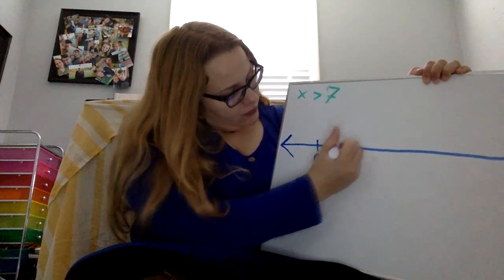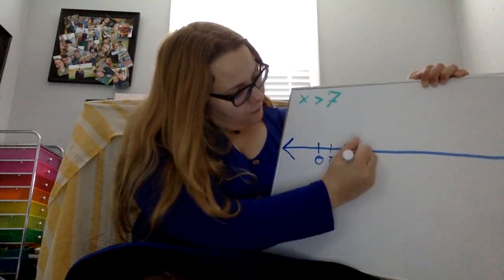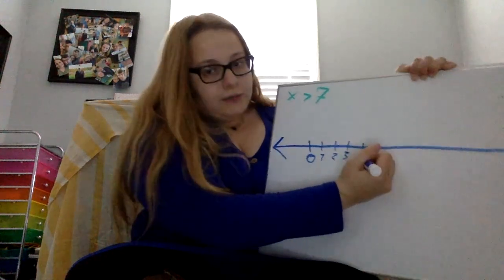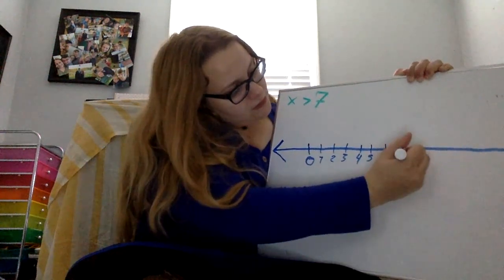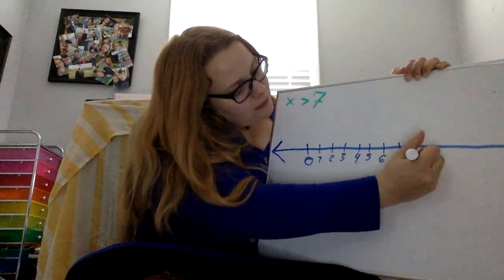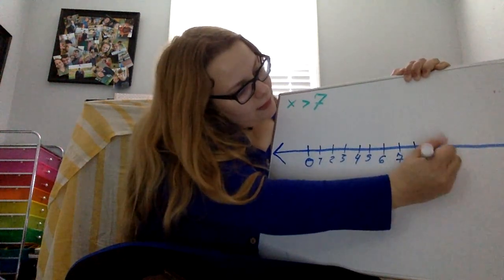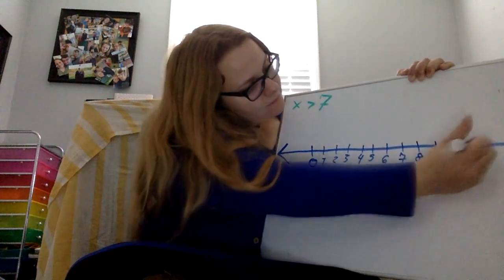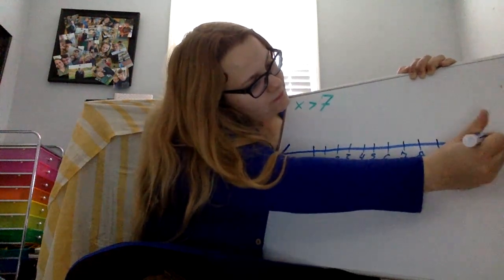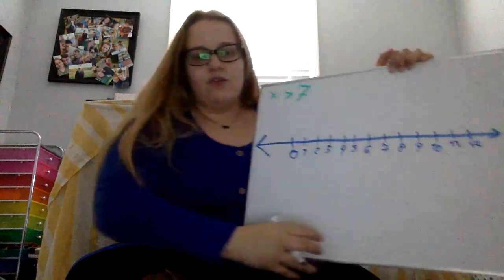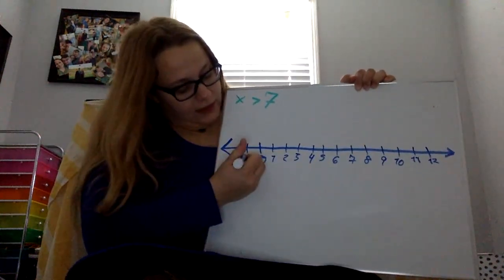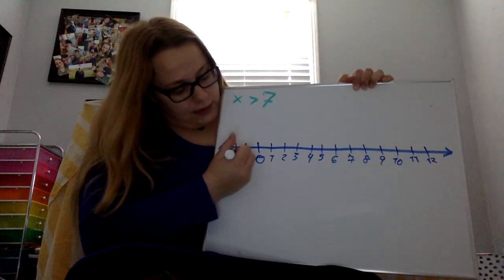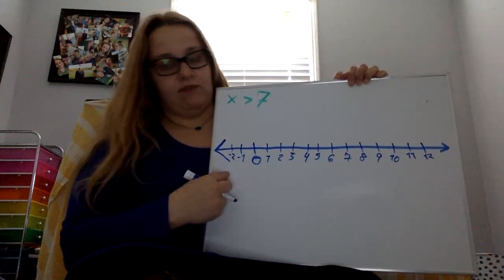And I'm going to say 1, 2, 3, 4, 5, 6, 7, 8, 9, 10, 11, 12, and it goes on into positive infinity, right? And so over here we would have -1, -2, all the way to negative infinity.